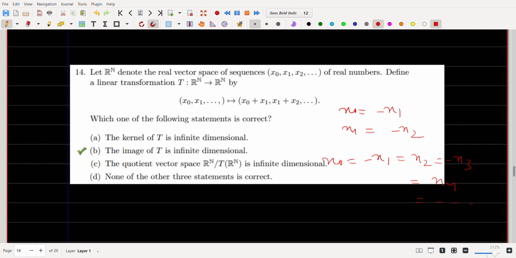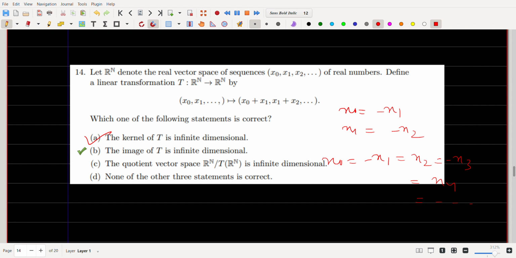So that means the kernel of T has dimension 1. If you fix a value for x0, then it determines all the values of xn for any n. That means the kernel of T is one dimensional, right?